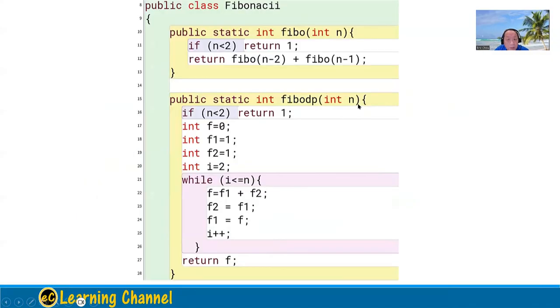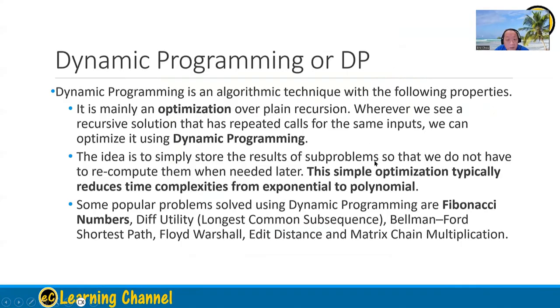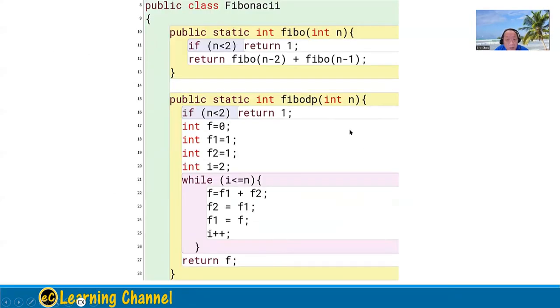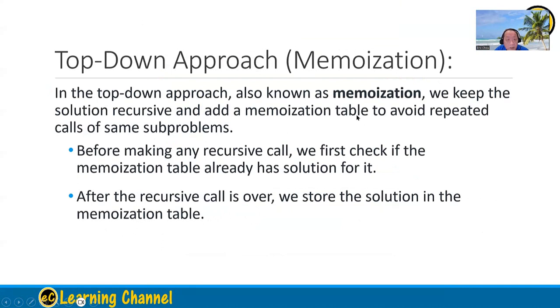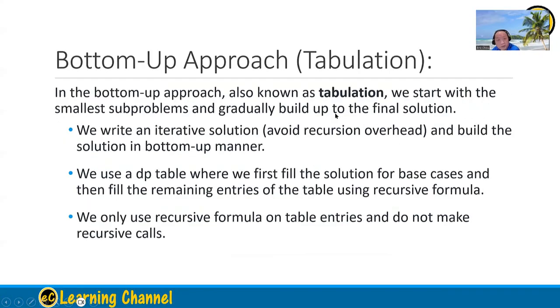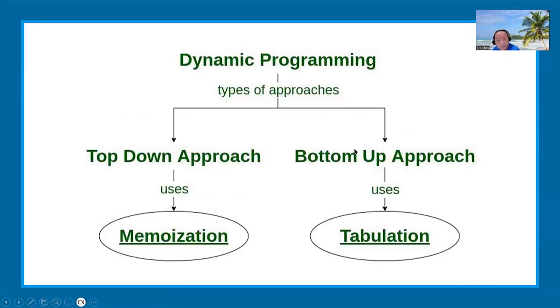There are two ways. Actually, dynamic programming, one way is bottom up. That's called tabulation. And there's also another way called top-down dynamic programming, called memoization. Two different ways, both okay.